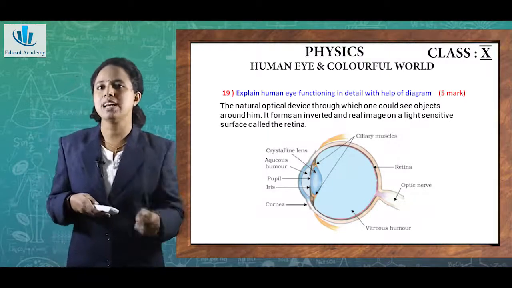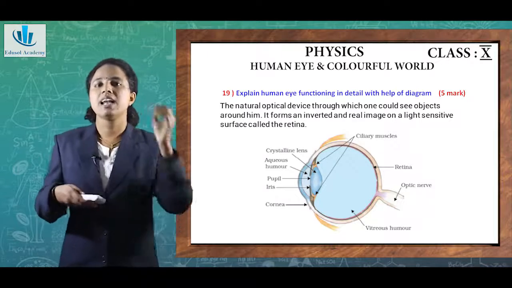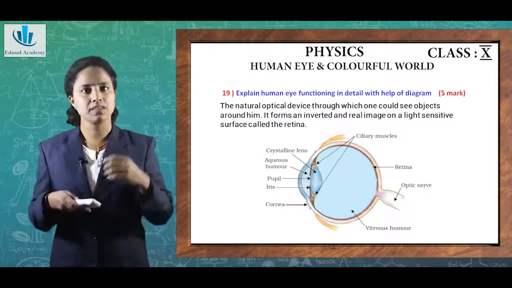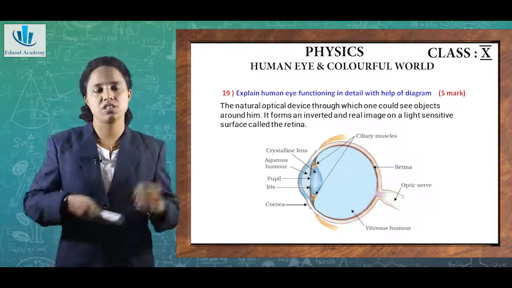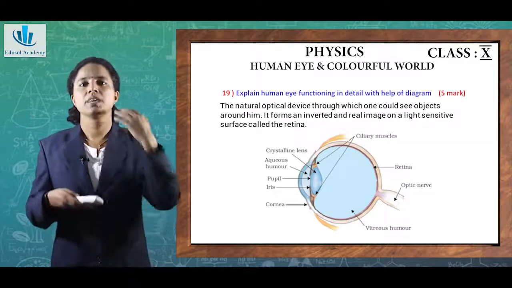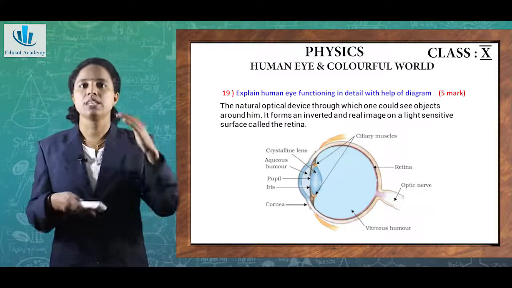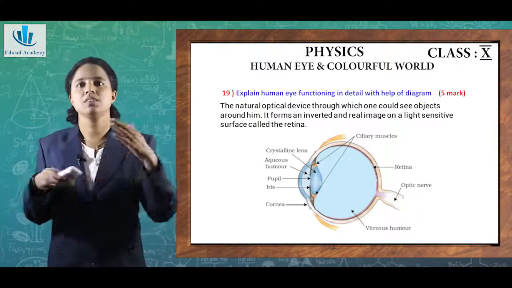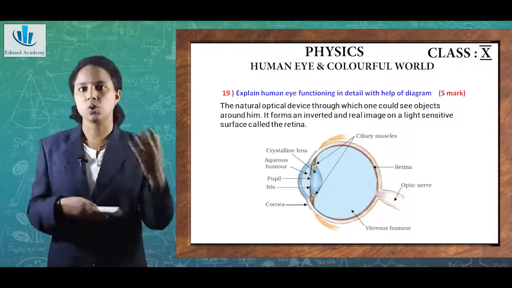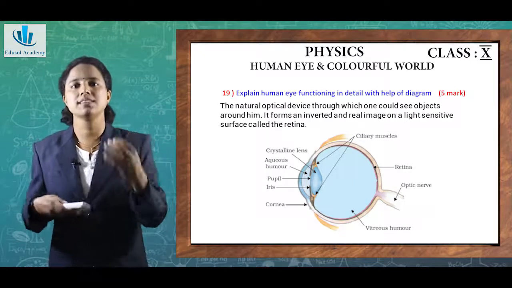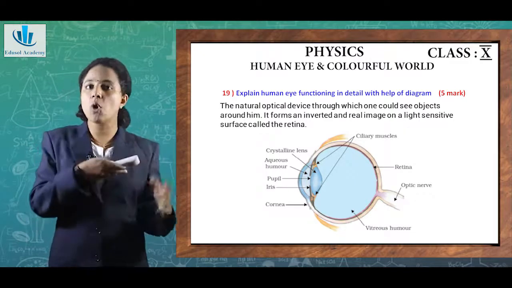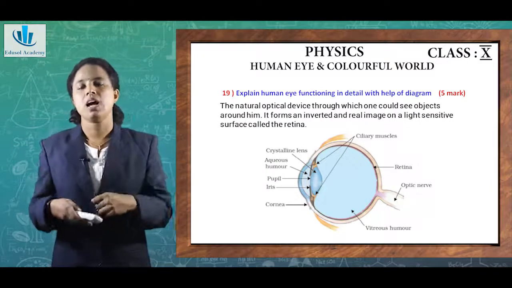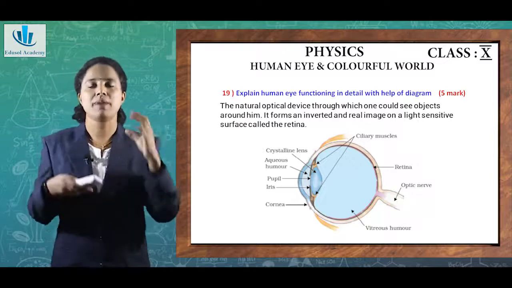We have already said rods and cones are the light sensitive cells in the retina, but they have different functions. Among the light and color sensitive cells in the retina, there are differences between rods and cones. Rods respond to the intensity of light, whereas cones respond to color.